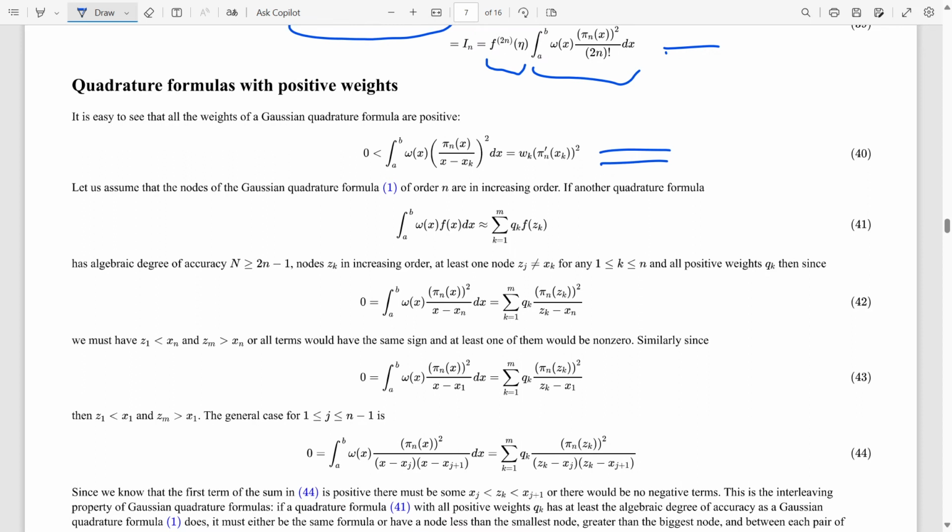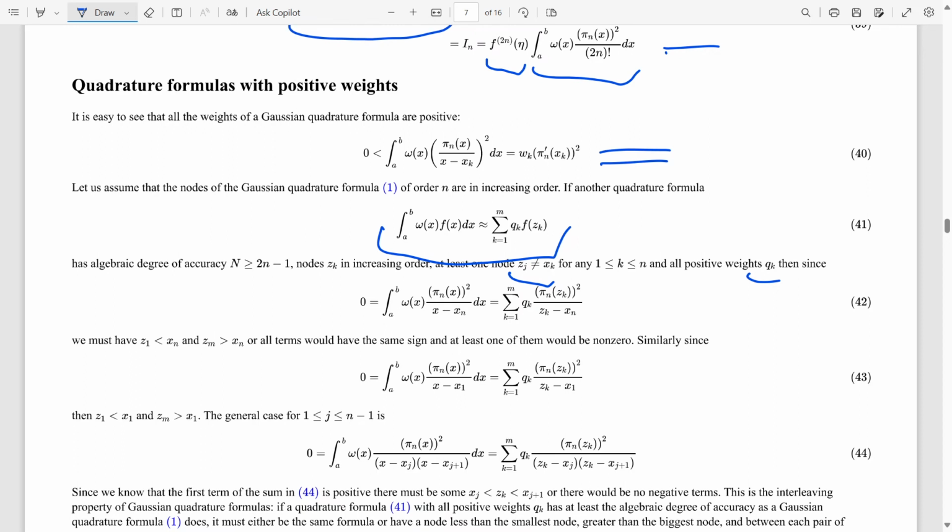Suppose we had an alternative quadrature formula with degree at least as high as the Gaussian quadrature formula, at least one node not equal to any of the Gaussian nodes, and all positive weights.